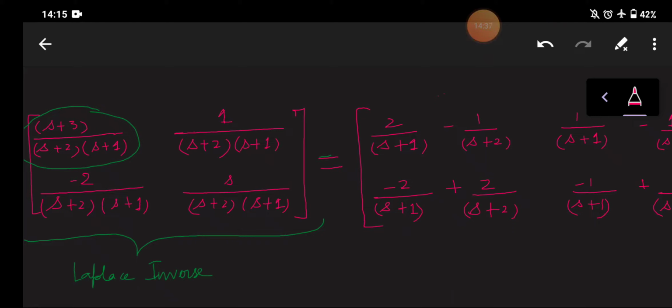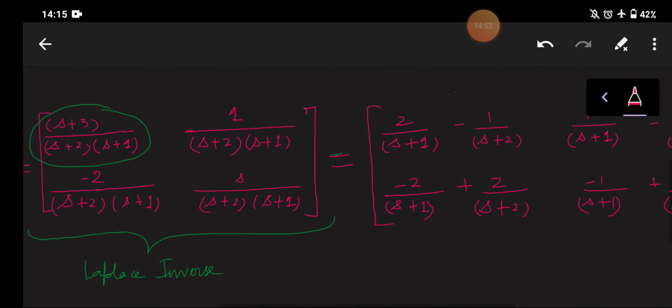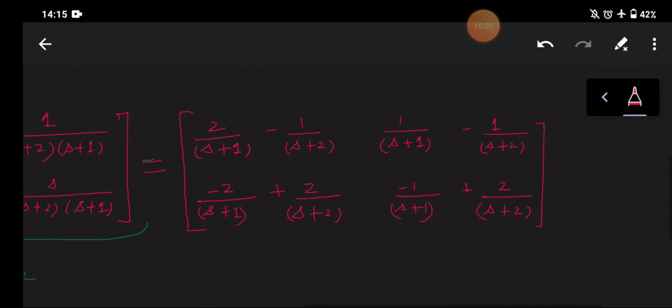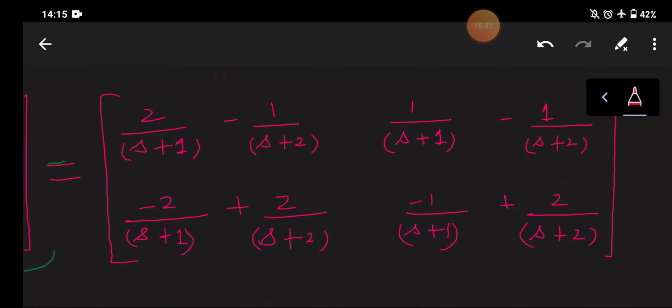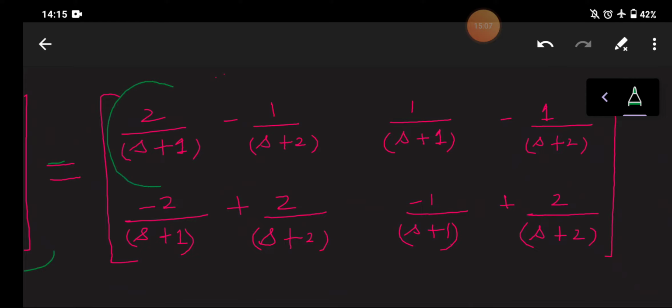So I have written these partial fraction terms. The first term will be converted as 2 divided by s plus 1 minus 1 divided by s plus 2. In the same way, we have written all our 4 terms to do Laplace inverse. Okay, so we will apply Laplace inverse on the terms separately, first for this term and then for this term.